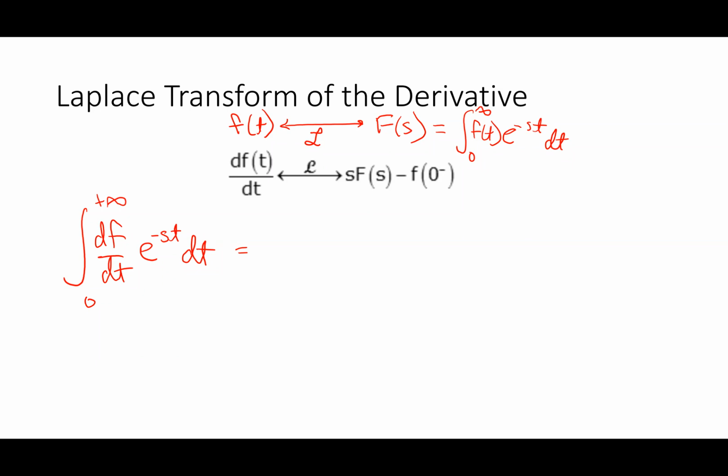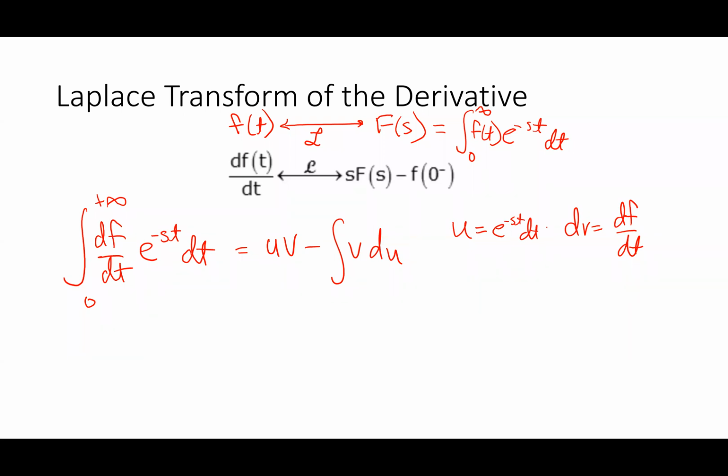I've got two functions multiplying each other. One of them is df by dt. Integration by parts. Winner, winner, chicken dinner. This is uv minus the integral of v du, where dv is df by dt and u is e to the negative st. You'd go through this whole thing.